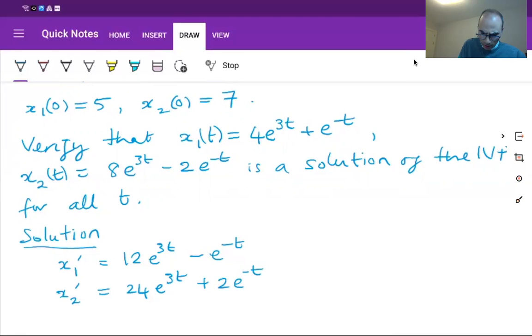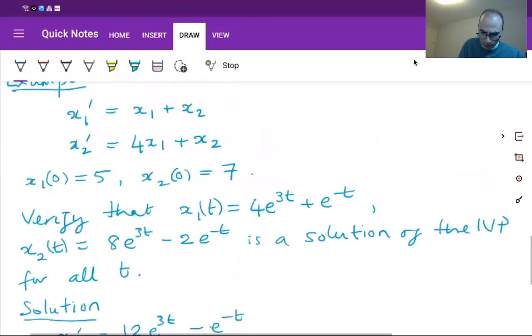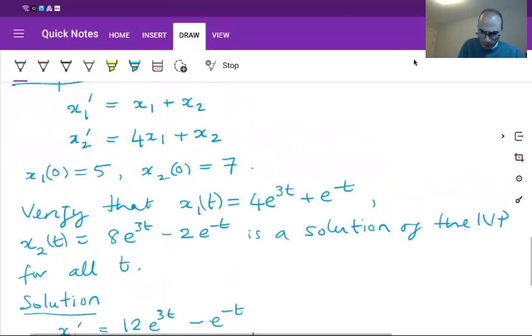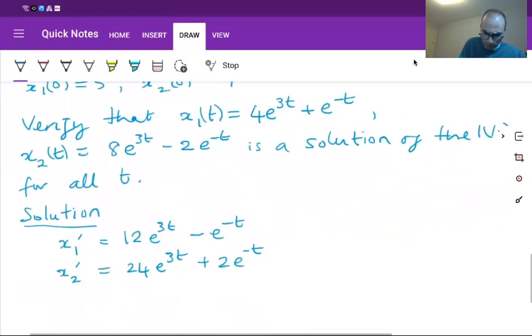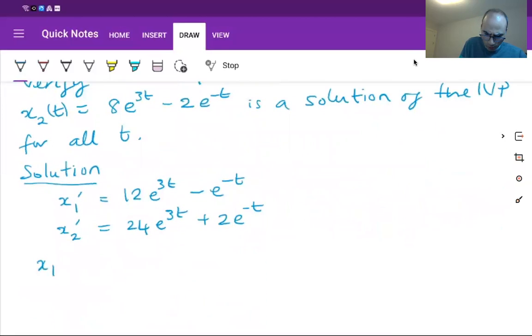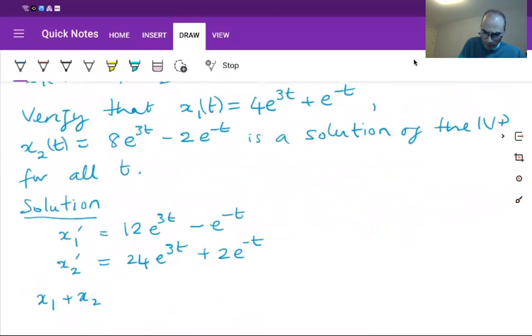And so let's check what we want. Let's compute x1 plus x2 now. x1 plus x2 is 12e^(3t) minus e^(-t).